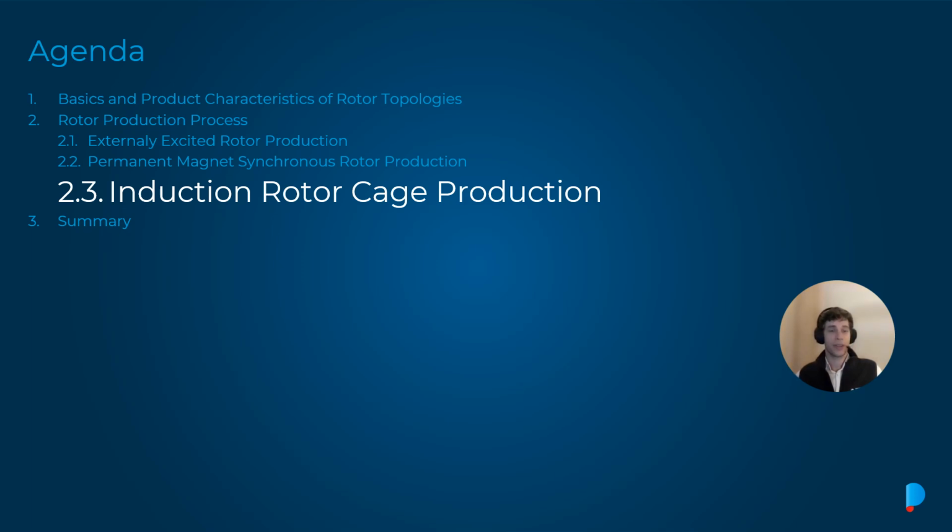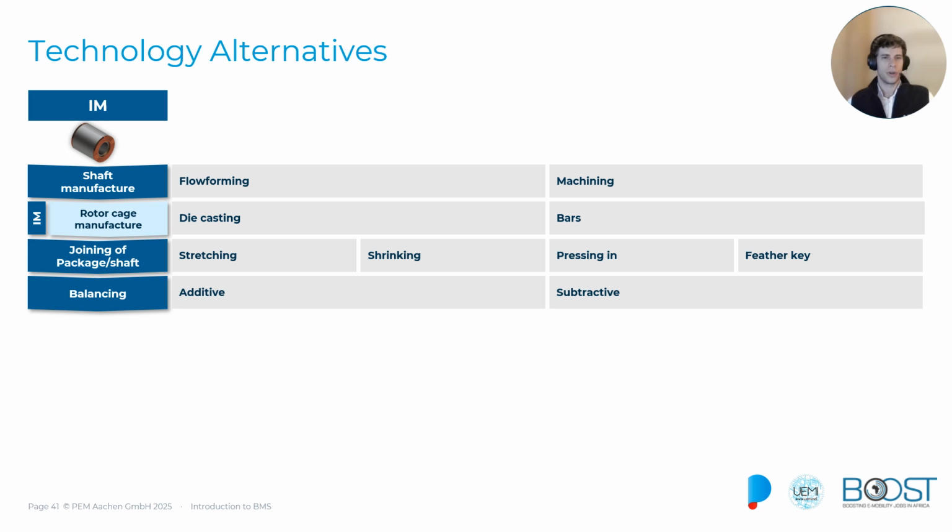Okay, that's all on the PMSM. Now we will look at the individual process steps of the induction rotor cage production. To manufacture the rotor cage, we either use the die casting process step, or we simply plug in bars or rods of copper or aluminum into the designated cavities in the rotor stack.